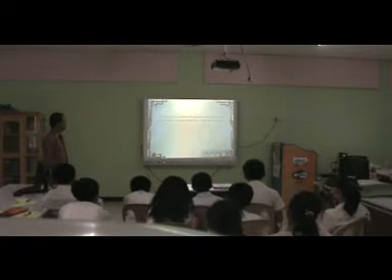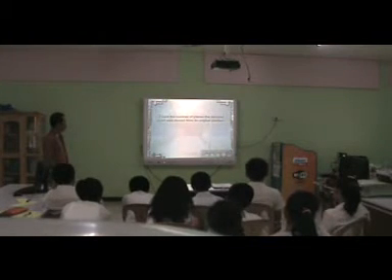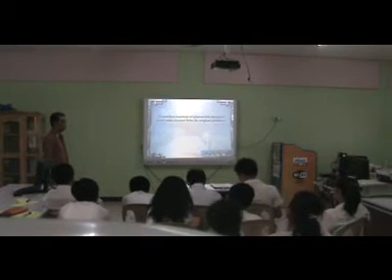Second, count the number of places the decimal point is moved from its original position.